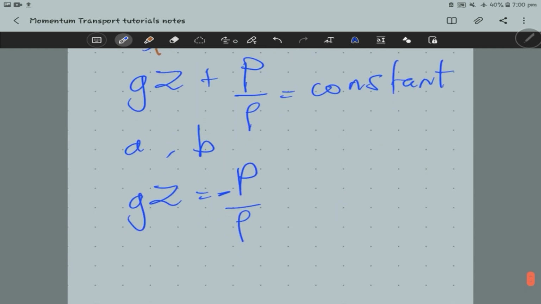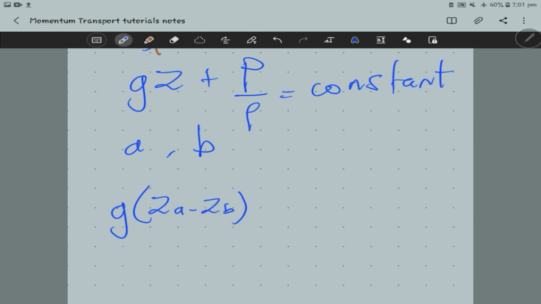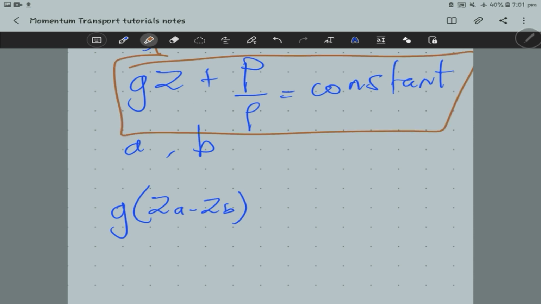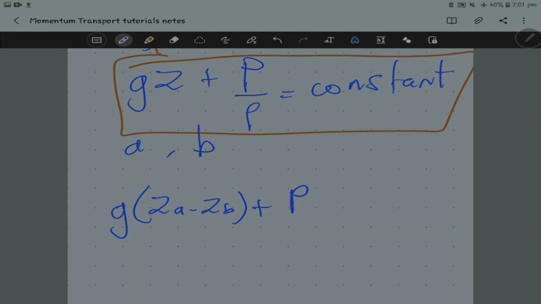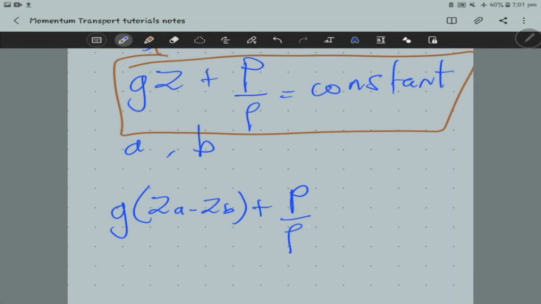But if we are talking about two different points, let's say we have g, then Z A, and then Z B. Because this expression is constant, depending on the system, we have a P and a rho here.